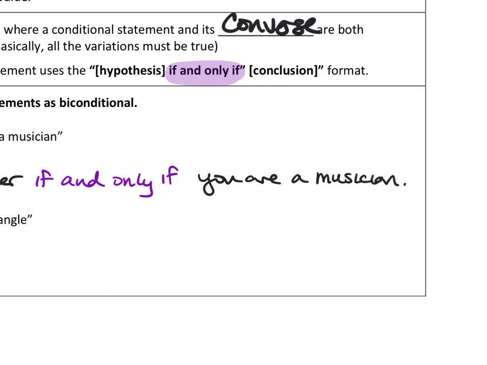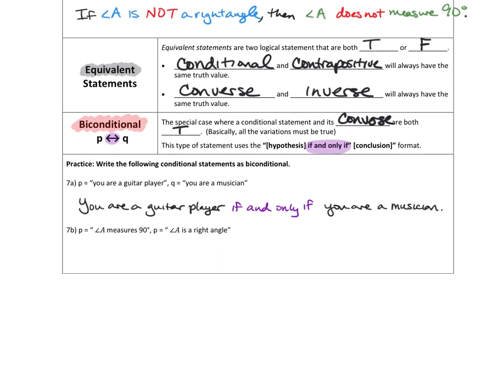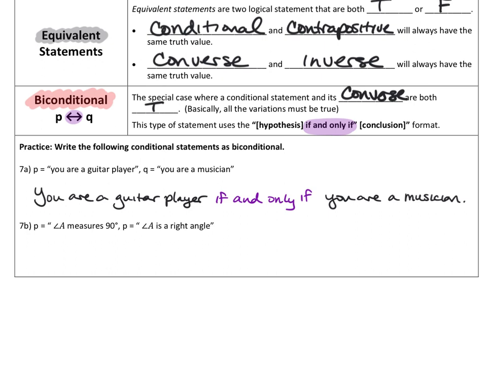Do you see how there is not an if-then statement for biconditional? We just stick if and only if in the middle of the P and the Q. But we still have to decide if that's true or false. If you are a guitar player if and only if you are a musician. Is that true?